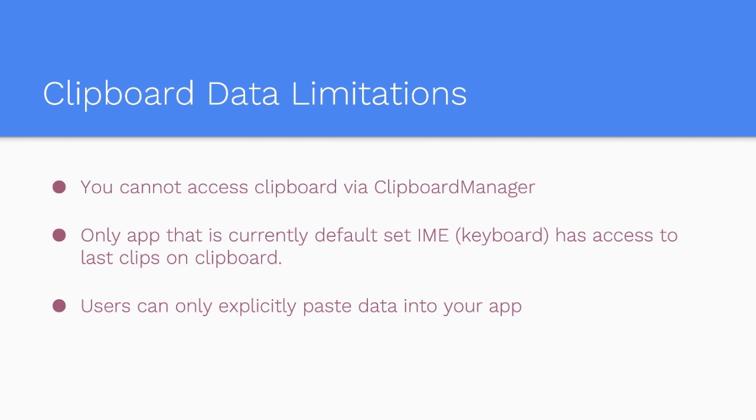Any other app cannot just read the data on the clipboard. People can paste data into your app manually, but otherwise your app can't read the clipboard. So it's good for the users. Probably if you are working with the clipboard data for something, it's kind of sad for you.